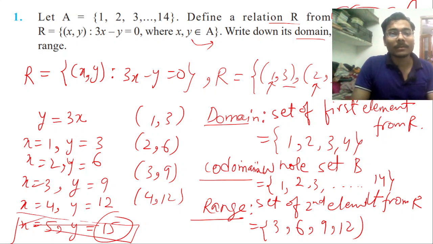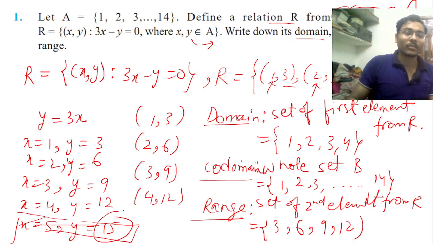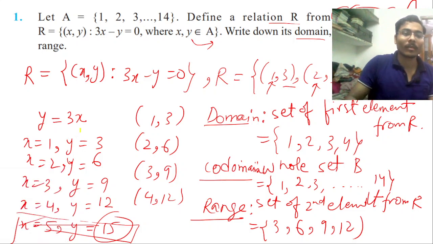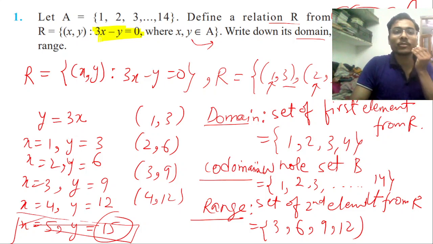We simply solve the equation 3x minus y equal to 0, by putting the value of x, we find the value of y such that x and y both come from set A, since they have defined that x and y belong to set A only. After finding this, we have to define the domain, codomain and range.